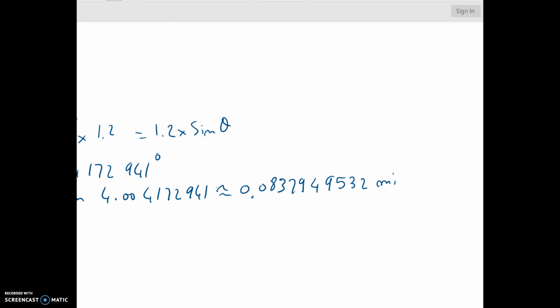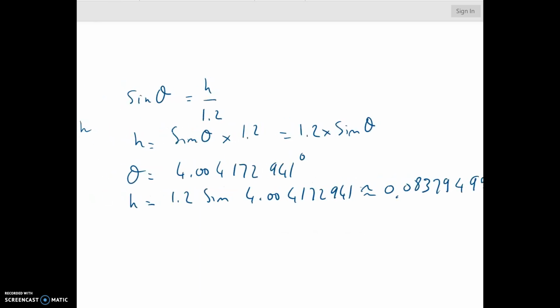The 7% grade is not used to determine the significant digits, and theta is an intermediate calculation, so therefore the value of h is going to be 0.084 mile.